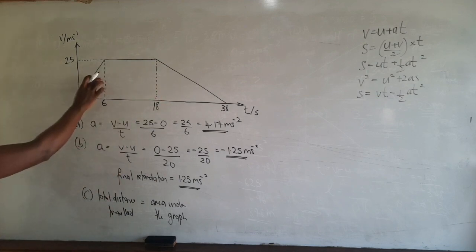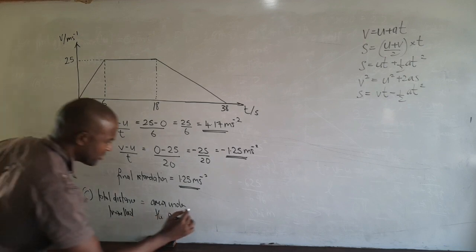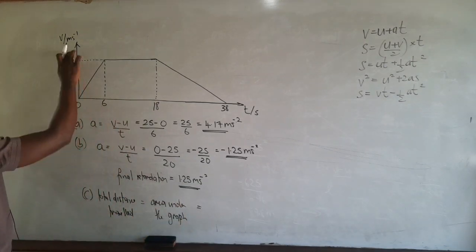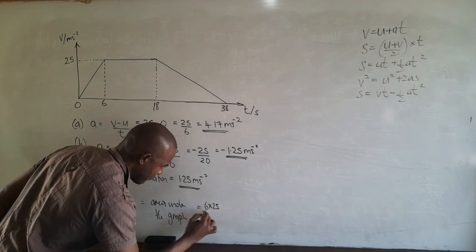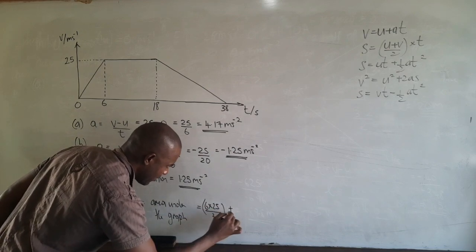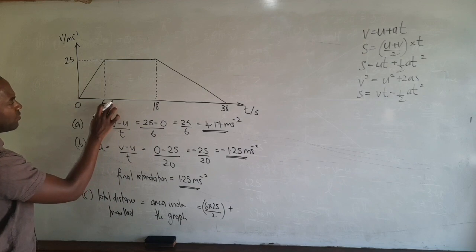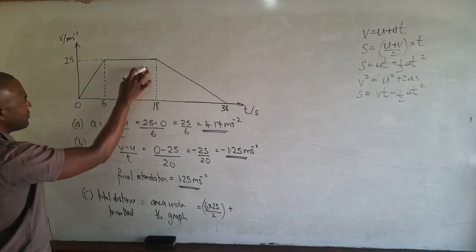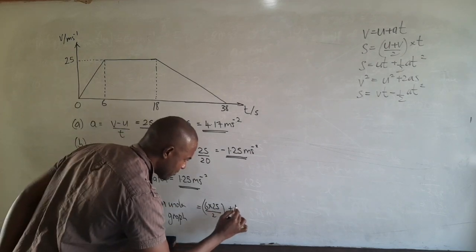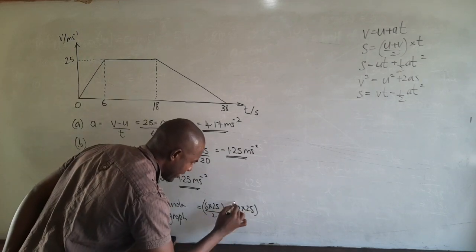So this piece, of course, is a triangle. So this is going to give us base times height over 2. So this is 6 times 25 over 2 plus, this is a rectangle, so we have base times height. The base is 12, height is 25. This is plus 12 times 25.